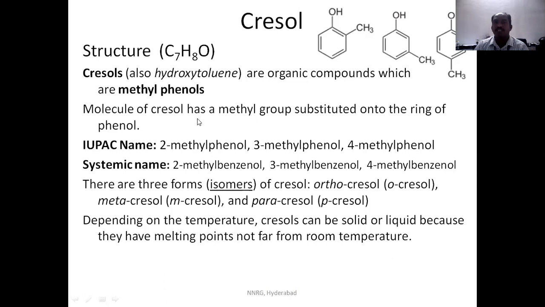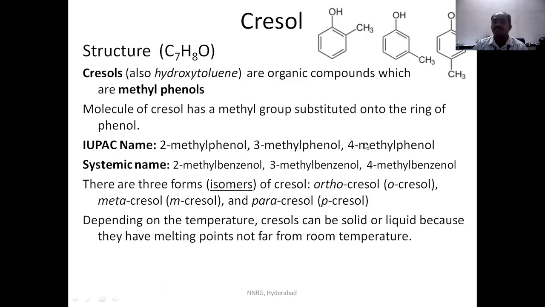The molecule of cresol has a methyl substituent on the ring of phenol, so we get three different phenols. The IUPAC names of cresols are 2-methylphenol, 3-methylphenol, and 4-methylphenol. If the methyl substituent is present on the second position, it is 2-methylphenol. If the methyl is substituted at the third position, we call it 3-methylphenol.